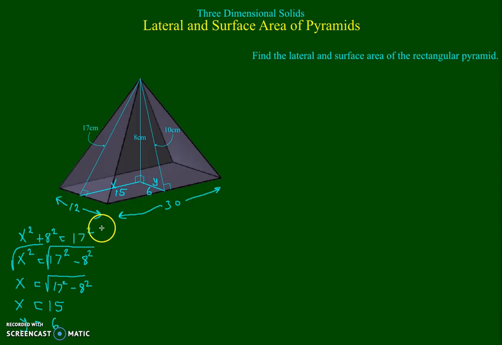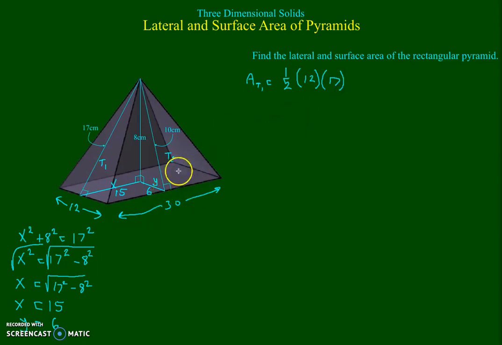And now we have everything we need to find our lateral area and our surface area because we can find the area of that rectangular base. So let's go ahead and calculate that. We know that the area of this triangle, we'll call this T1. We'll call this guy T2. So the area of T1 is 1/2 base, which is 12, times height, which is the slant height, 17.